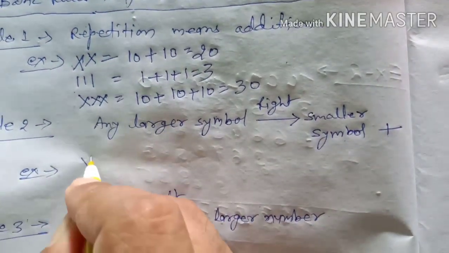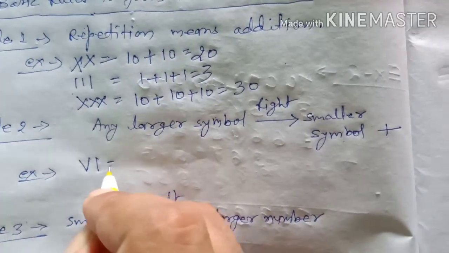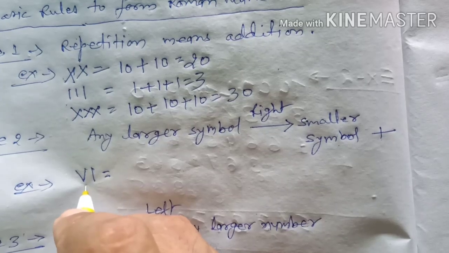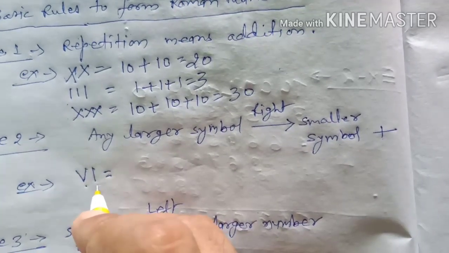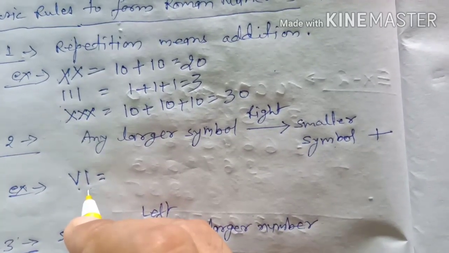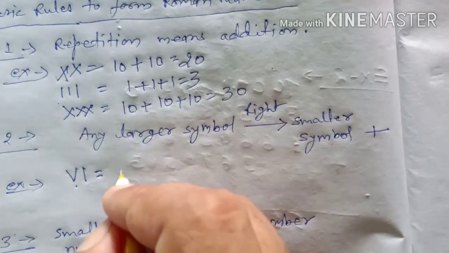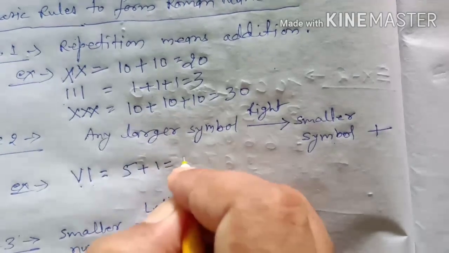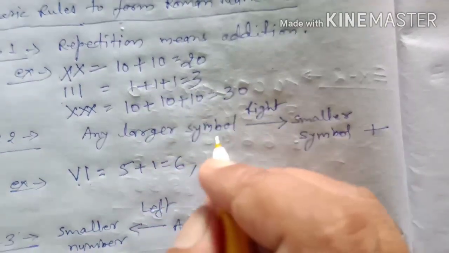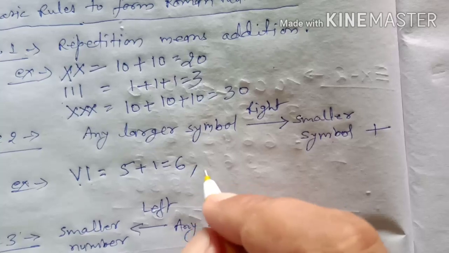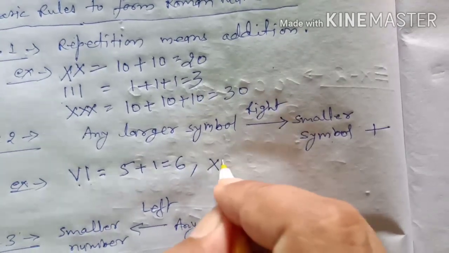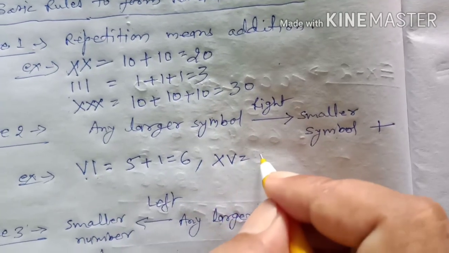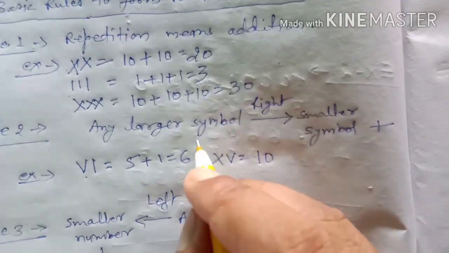See VI. V is the larger symbol because V denotes 5, and I is the smaller symbol because I denotes 1. So it means add: 5 plus 1 is equal to 6. Another example, take XV. Here is also addition because X denotes 10, the larger symbol.